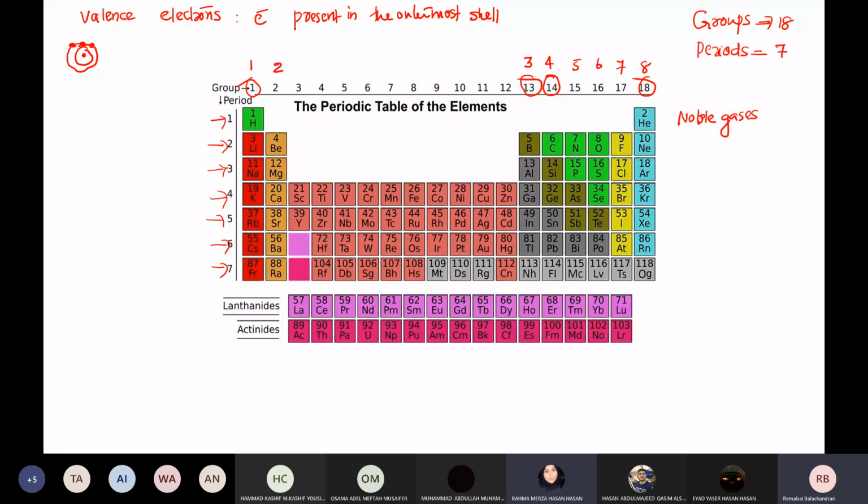Helium has only 2 electrons. So noble gases have 8 electrons in the valence shell. 8 electrons means the octet is complete. Octa means 8. So they are stable.